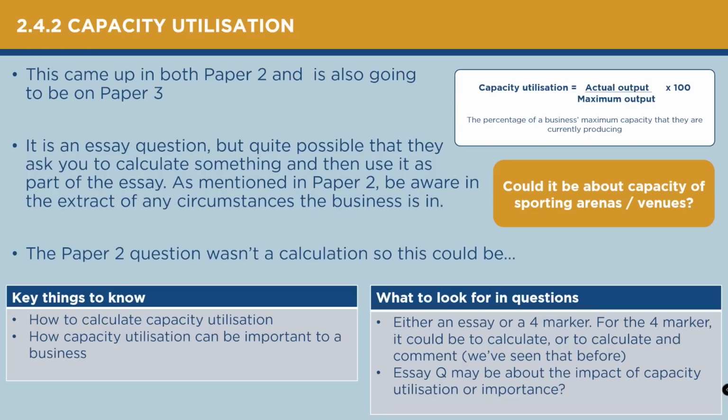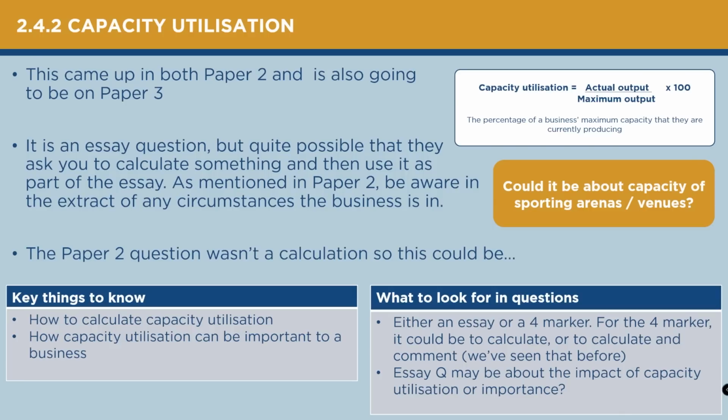Now, for the sporting event, it could be about sporting arenas and venues. The difference here is typically we would say a business doesn't really want to have 100% capacity utilization. But in a sporting event, if it's Wembley, for example, and you've got 80,000 tickets, you want to sell every single ticket. So anything less than 100% in a sporting arena is considered to be negative.